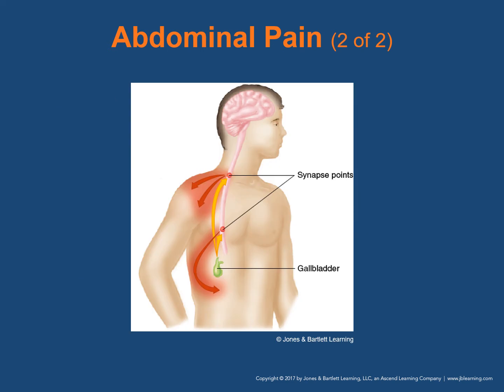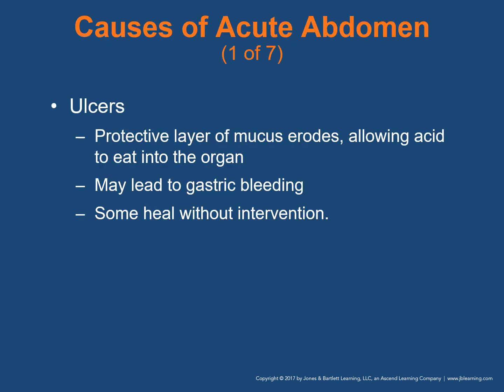So this kind of gives you that picture of what's happening. You've got the gallbladder, and the nerves of the gallbladder are going to send a message, which then ends up shooting pain into the shoulder or pain sensors in the lower abdomen. So that's going to make it a little harder to understand where the pain is.